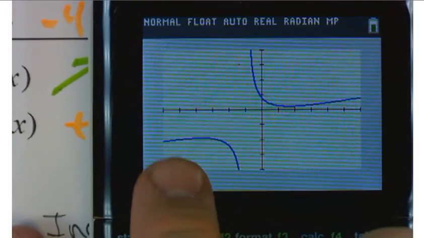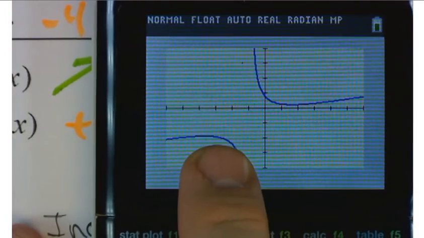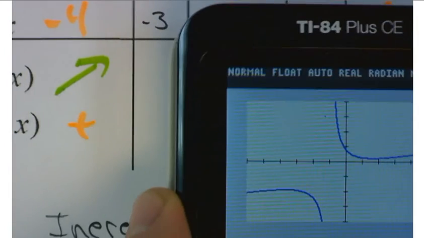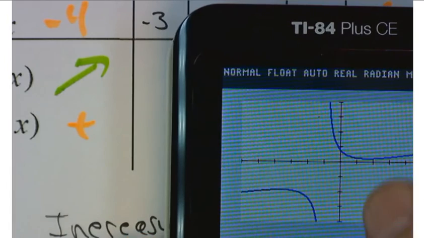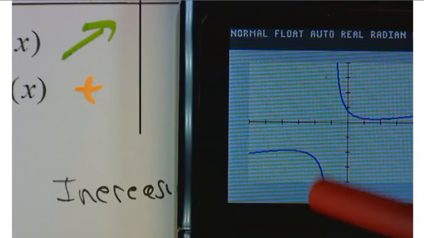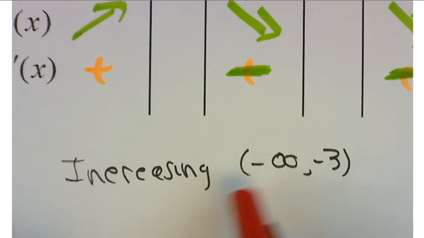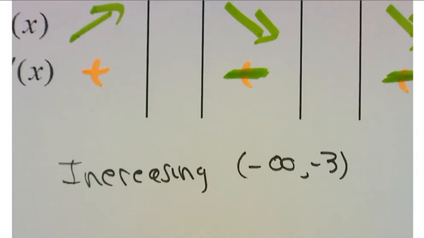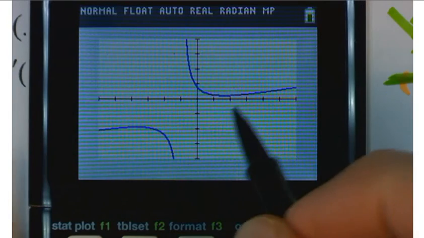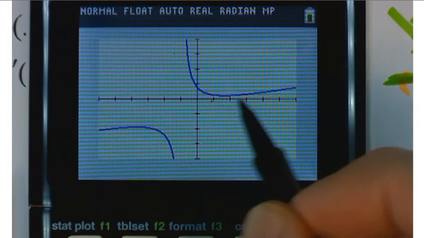So the function's increasing to the left of -3. And then once it gets to -3, which is right here, then it starts decreasing. So increasing from -infinity to -3. And where else? Well, starting at 1, right here, the function bottoms out and starts increasing.